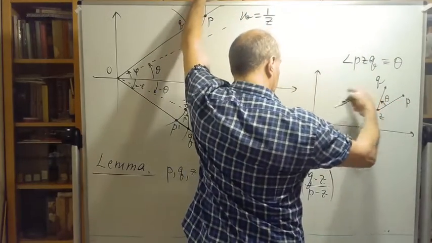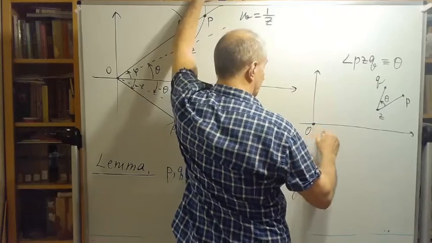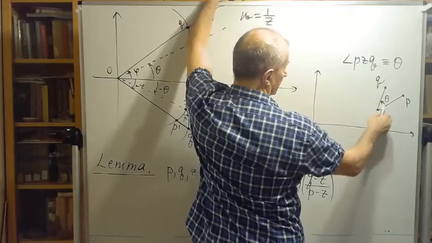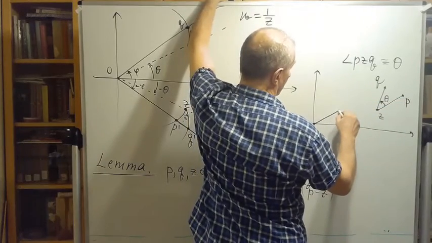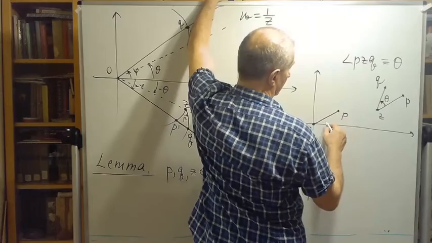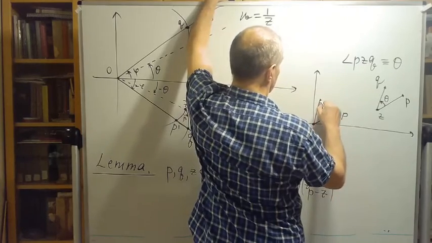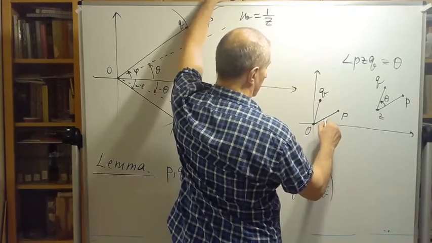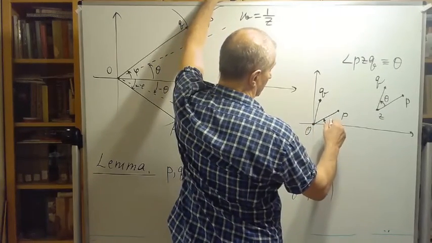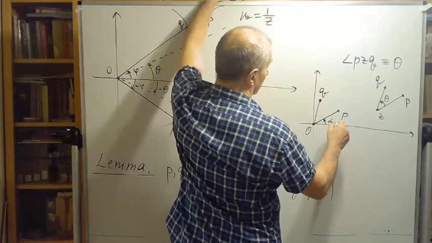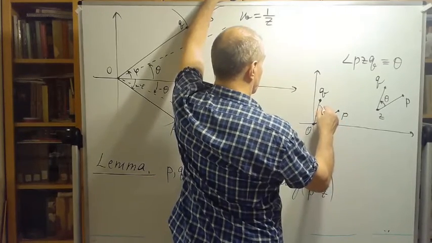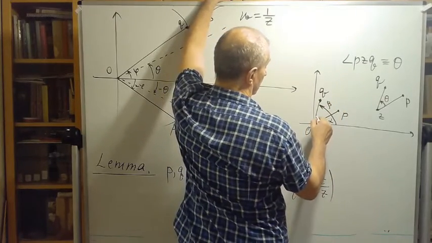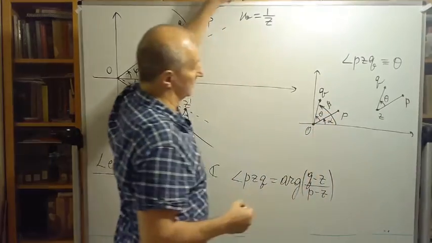I will translate the whole picture so that point Z is mapped to the origin. Just a translation of the whole triangle, right? So point P will arrive somewhere here, and point Q will arrive somewhere here, and the argument of P is some angle alpha, and the argument of Q is some angle beta, and this angle theta is the difference between them.